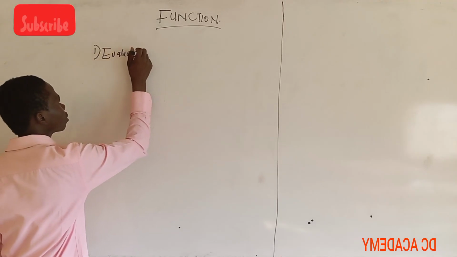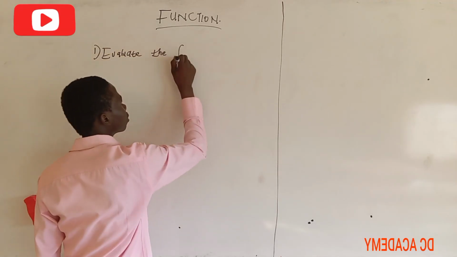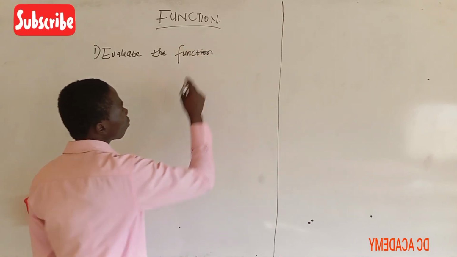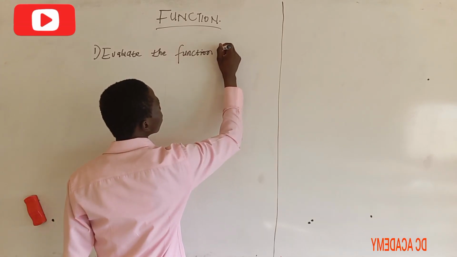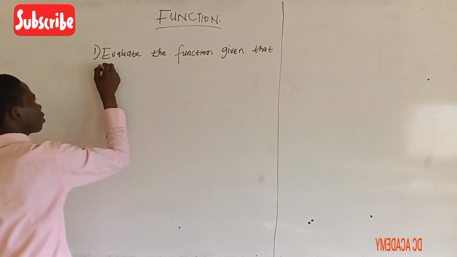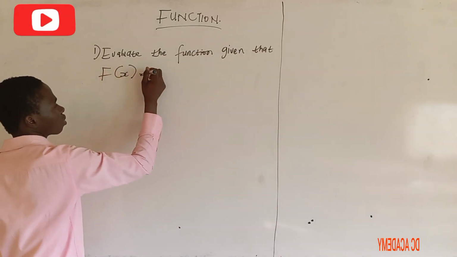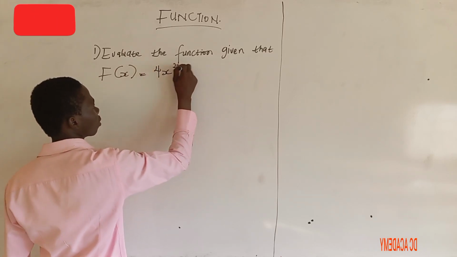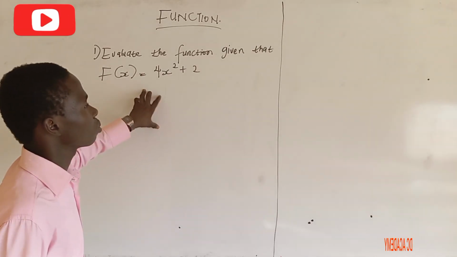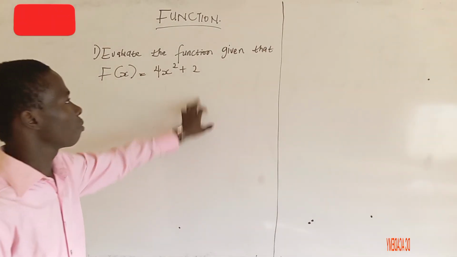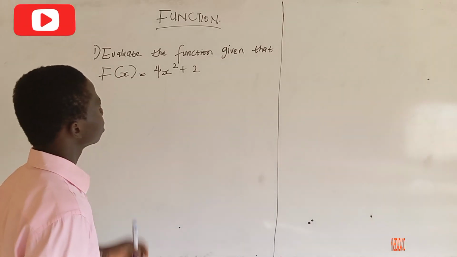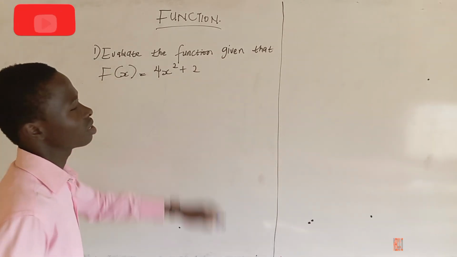Evaluate the function given that f of x is equal to 4x squared plus 2.